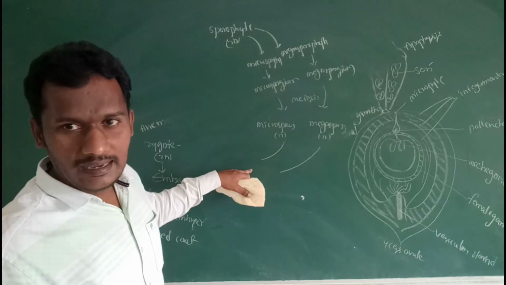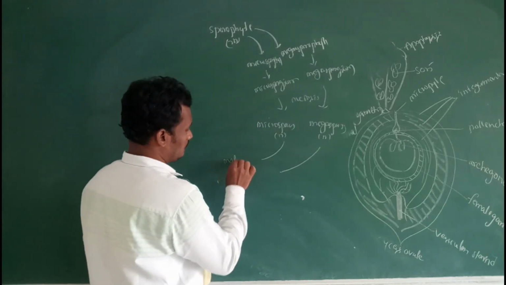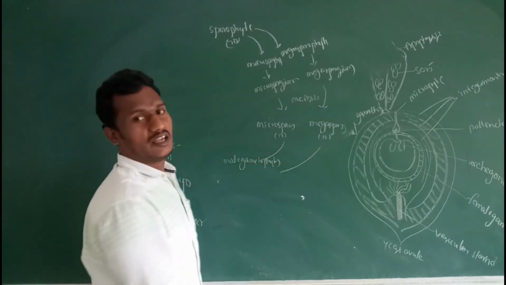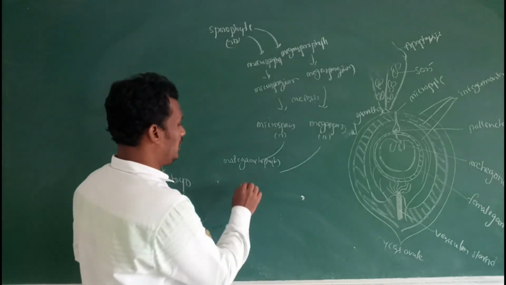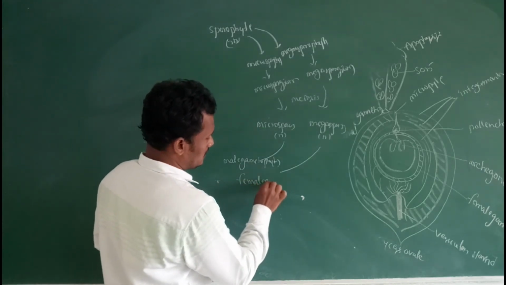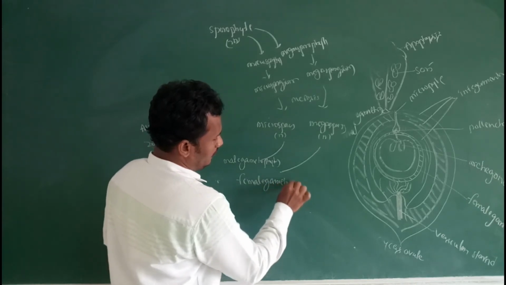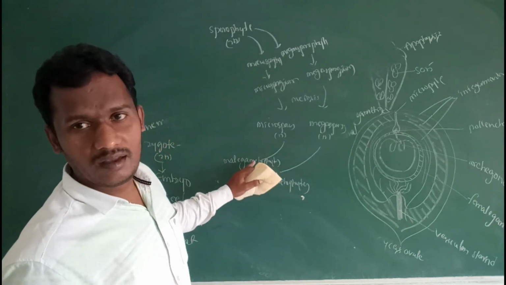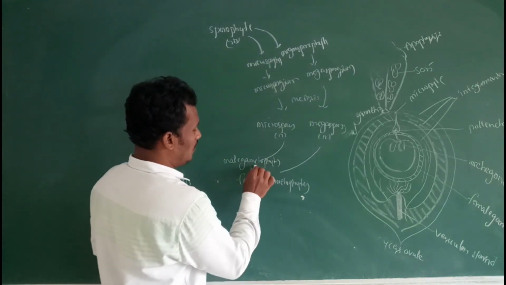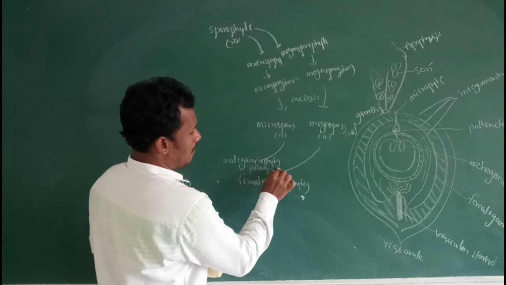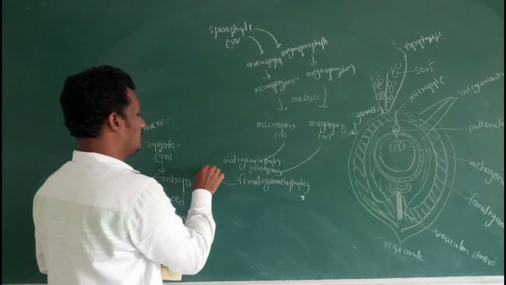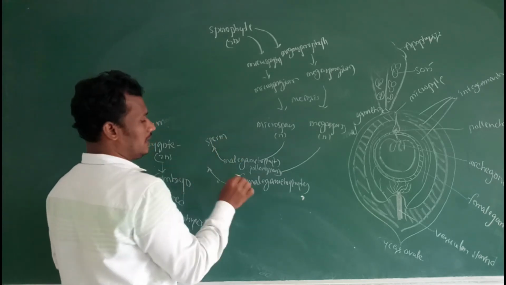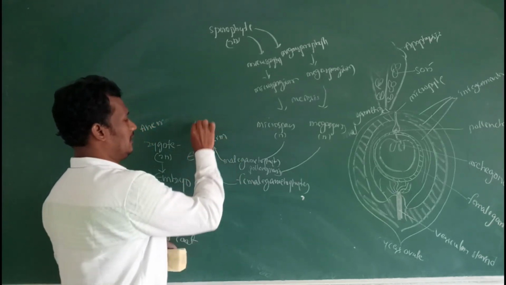These form the male gametophyte, that means the microgametophyte, and the female gametophyte, that means the megagametophyte. Then the male gametophyte produces sperm and the female gametophyte produces the egg.